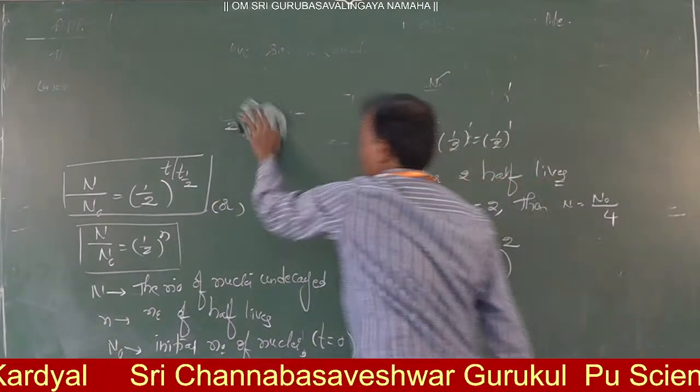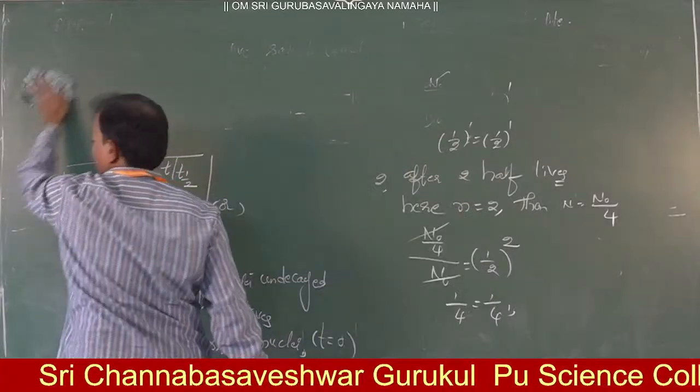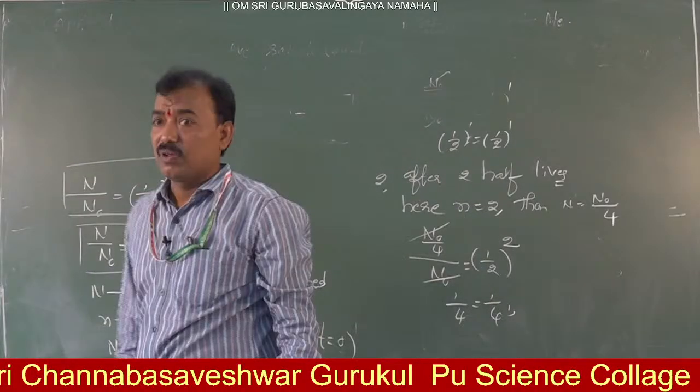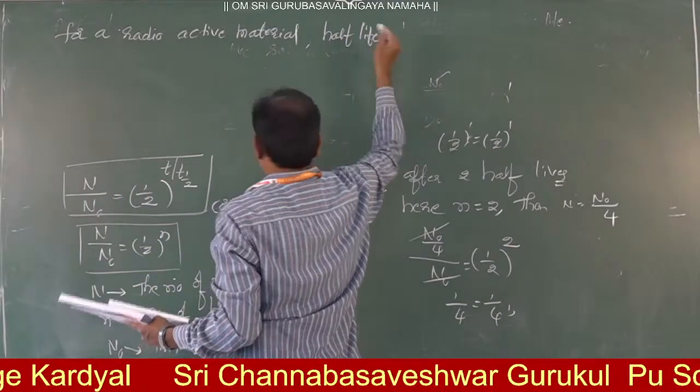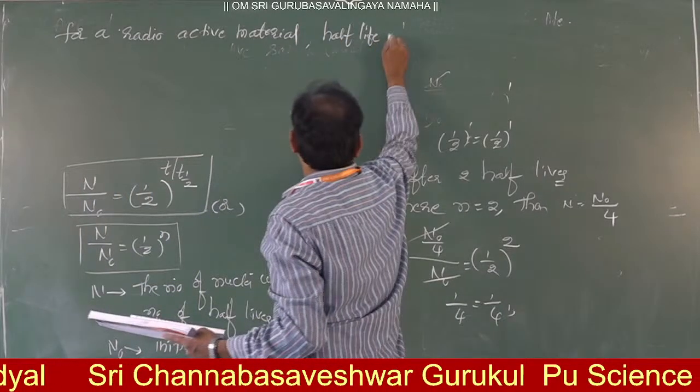Second one: suppose after 2 half lives. Let's note down one sum. Half life is 10 minutes.